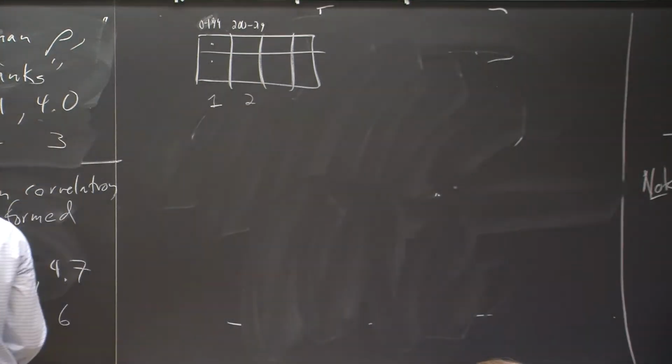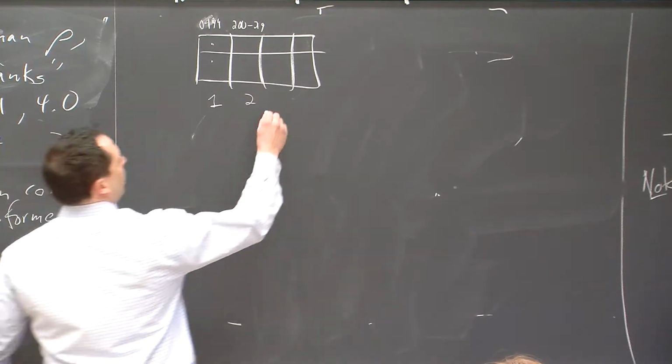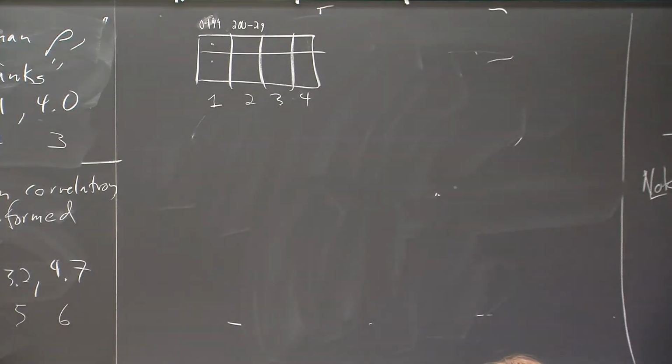So we're implicitly doing this when we encode these numbers as just 1, 2, 3, 4.